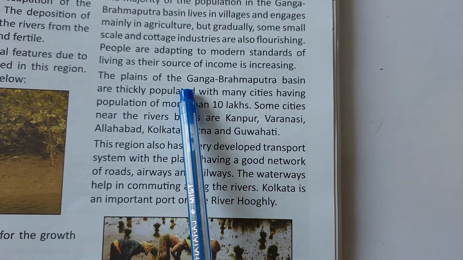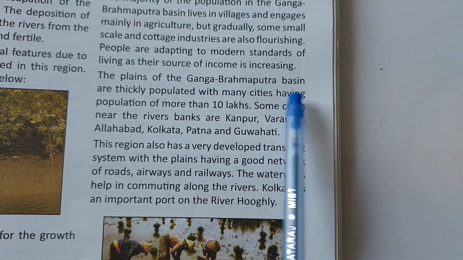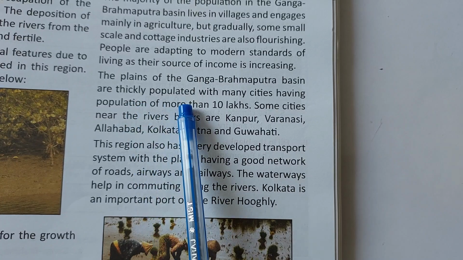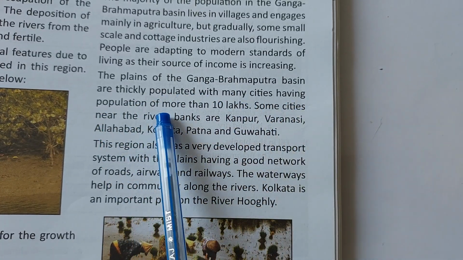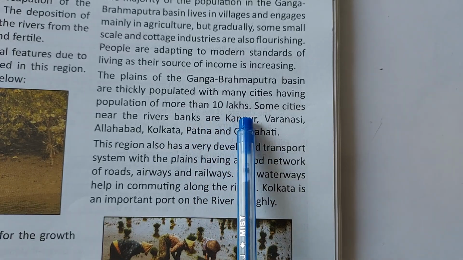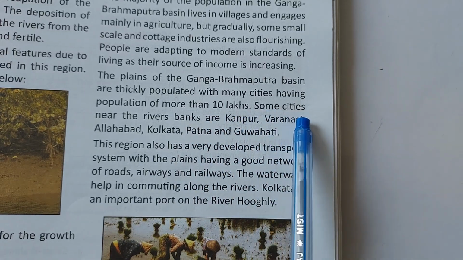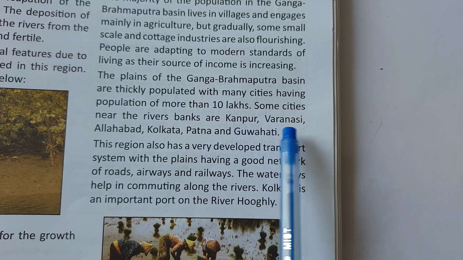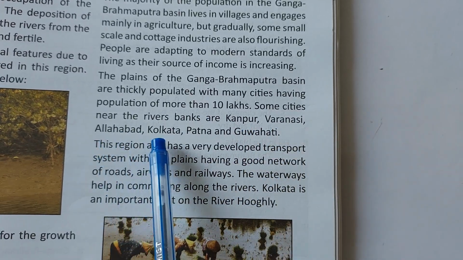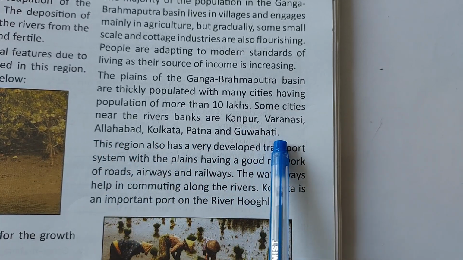The plains of the Ganga-Brahmaputra basin are thickly populated with many cities having population of more than 10 lakhs. Some cities near the river's banks are Kanpur, Varanasi, Allahabad, Kolkata, Patna and Guwahati.